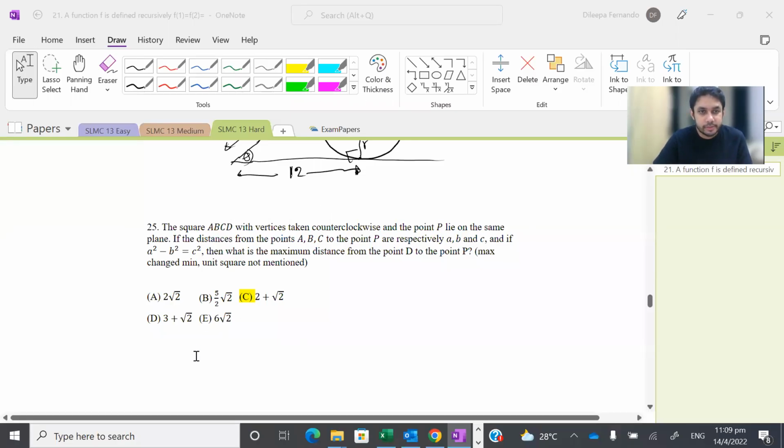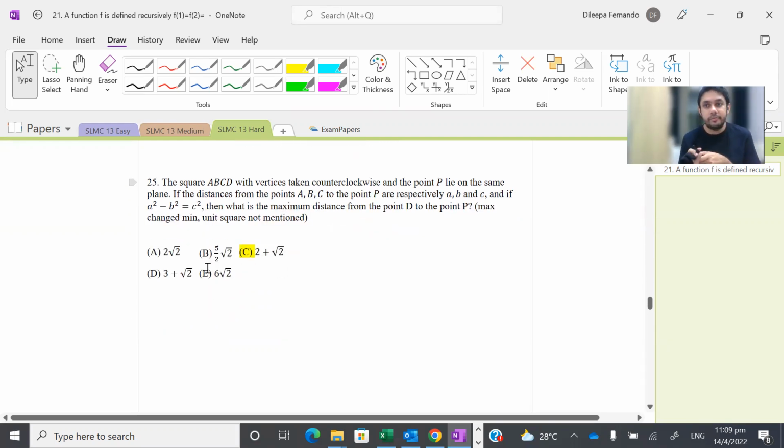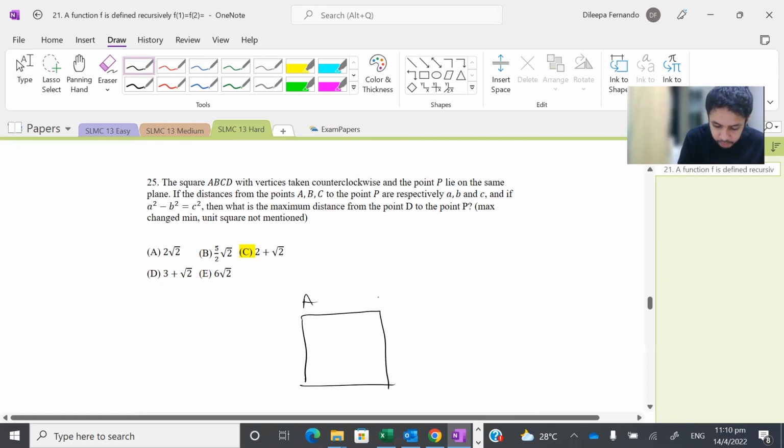Now question 25. Okay, so first, while reading the question, let's draw the diagram. The square ABCD, vertices taken counterclockwise.